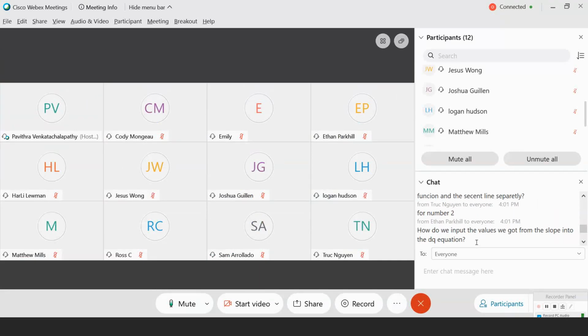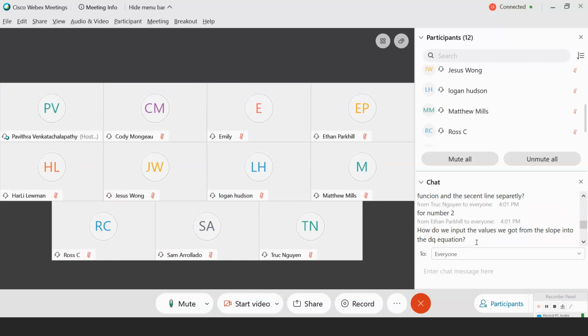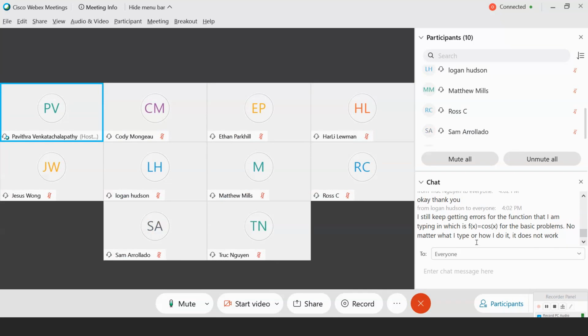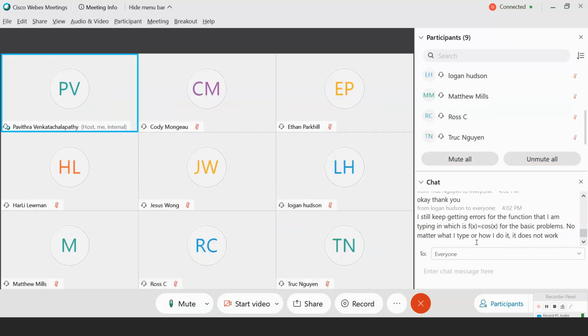How do we input the values we got from the slope into the DQ equation? DQ is nothing but your slope. You have a command there where you have this.